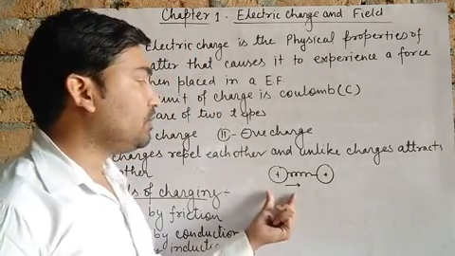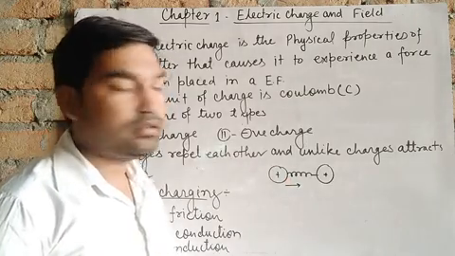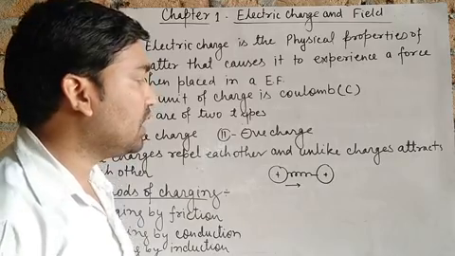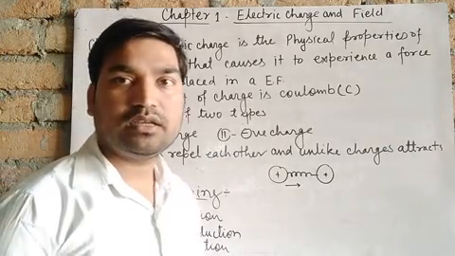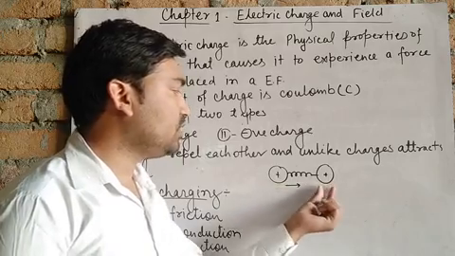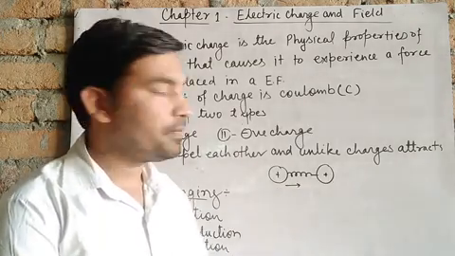In this method, the charge will flow till both the bodies have the same amount of charge. Whenever both objects get equal charge, the flow of charge will stop.